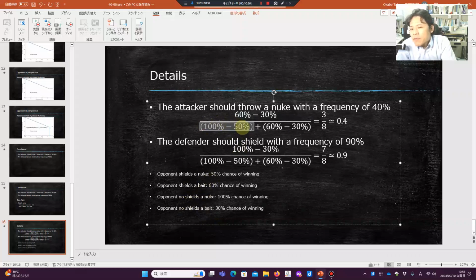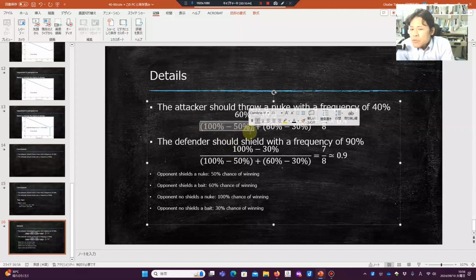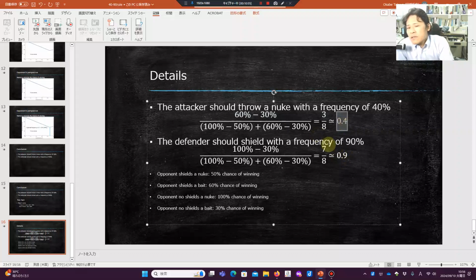On the other hand, this difference is the difference of a nuke move, unshielded and shielded. I should say this is a definition of a nuke. There's a good reason that this is bigger than this. So there is a good reason that this optimal nuke frequency should be less than half, 50%.